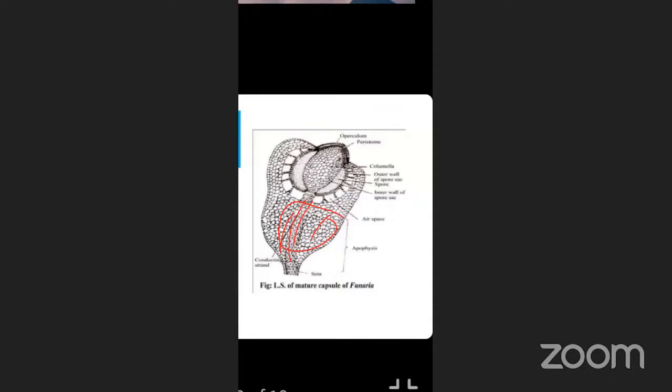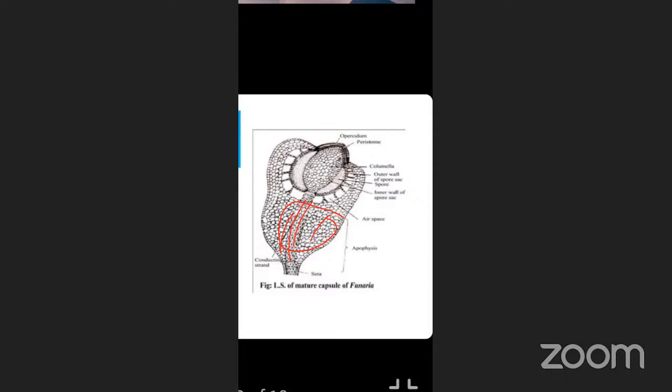The epibasal cells again divide periclinally to form the outer amphithecium and inner endothecium. The amphithecium becomes differentiated into the epidermis, the photosynthetic tissue of the capsule wall, and the outer spore sac.